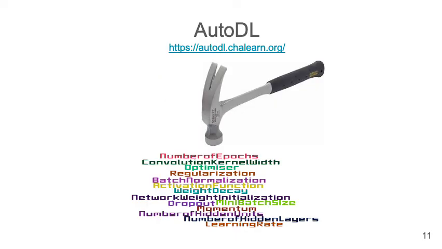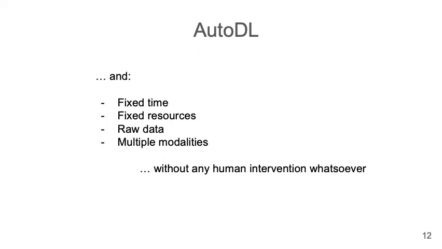But with the help of dozens of researcher teams around the world, we have ventured in trying to squash the need of human intervention and move towards automated deep learning, with the additional constraint that we want fixed time, fixed resources, raw data, multiple modalities, and all that without any human intervention whatsoever.